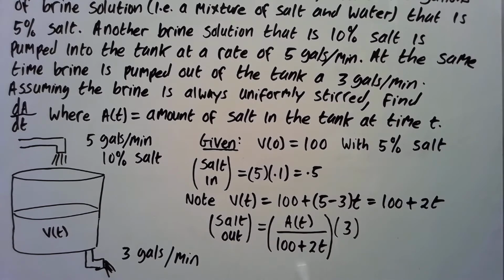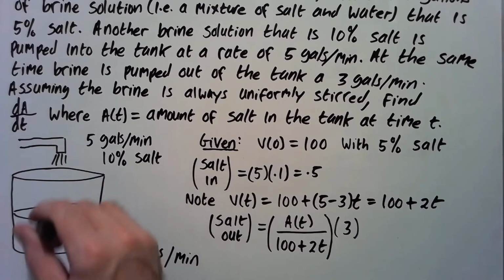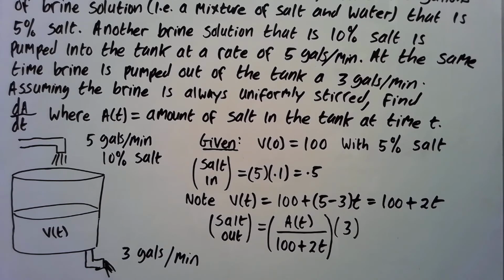At time 0 it had 5% salt, and then you have this 10% salt solution coming in. So if you let this keep running, eventually it's going to go to roughly 10% in here, right? Because you have more and more 10% mixed with the 5%. So at any particular time it's going to be somewhere between 5 and 10% salt in the brine solution.